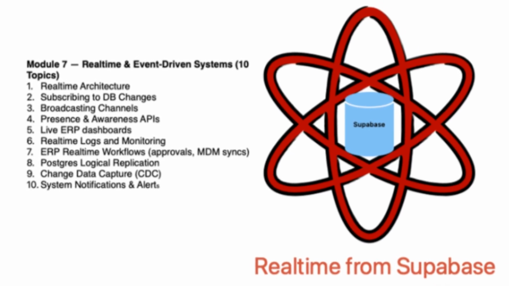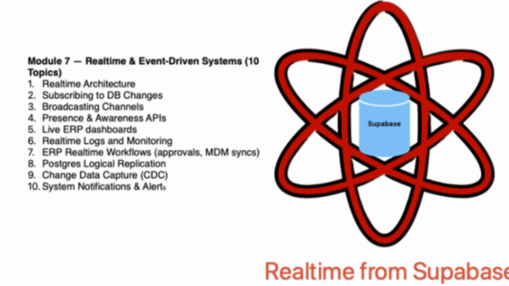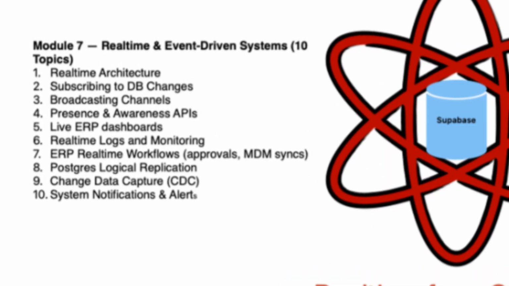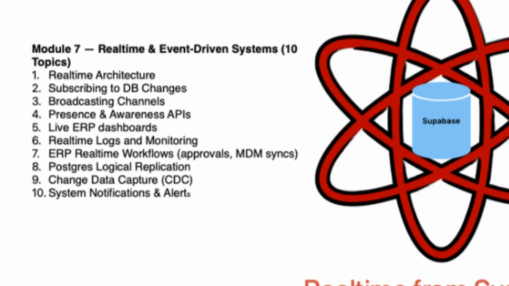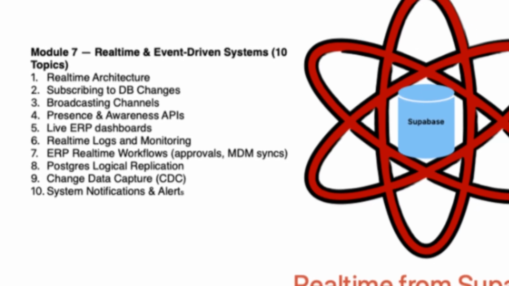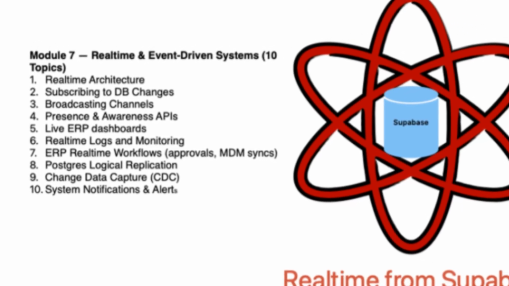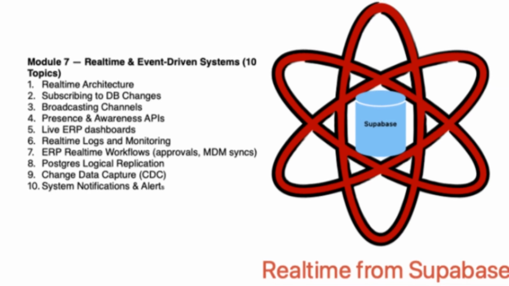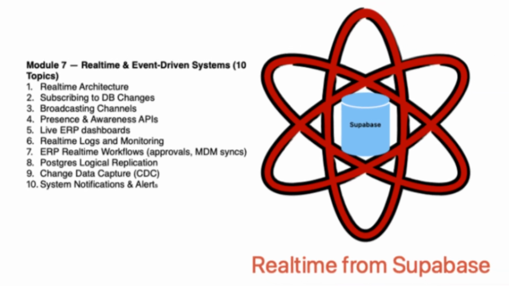Create a publication for insert, update, delete. A subscriber connects and receives the ordered stream. Your service listens, turns update products ID 123 set inventory 4 into JSON, and publishes to Pub/Sub. A high-fidelity DB listener, efficient, built-in, misses nothing.